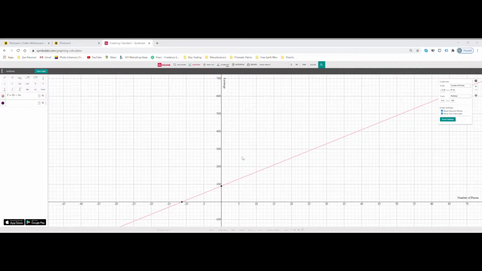Write the equation for the function using function notation. So the equation is given as E equals 90 plus 8n, right? So you write this as function notation E(x) equals 90 plus 8x.